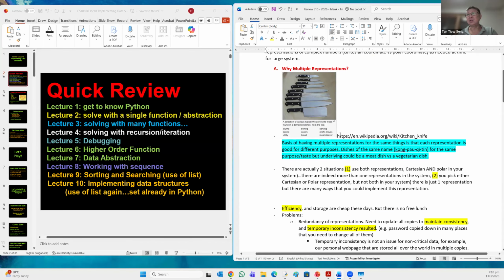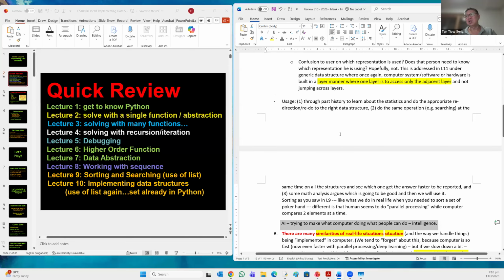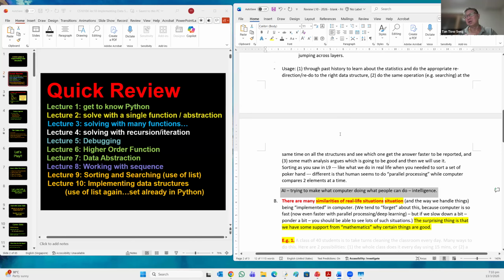But still there are things which are mimicking what we have in real life, with the exception that the computer is so fast that each operation takes 10 to the power minus 12 seconds or whatever, the kind of time step that the computer is doing. So you think the computer is superior, but in fact it is not. It is just doing things step by step. Of course, parallel processing doesn't mean that it is even more powerful. It's just that it can do things concurrently, and also very fast.